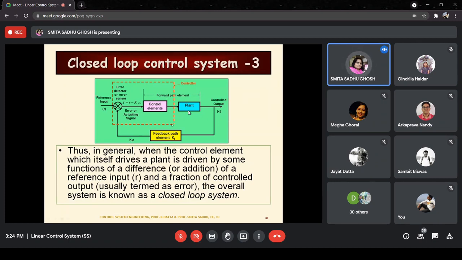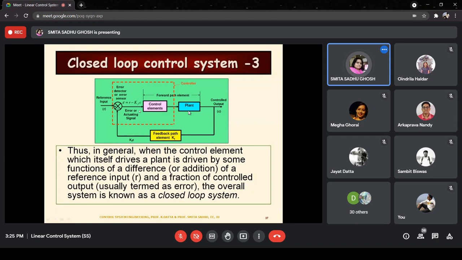So what we have stated here is that when we have this particular arrangement, where an error detector takes the difference between the reference signal and some derived form of the controlled output, compares these two signals, and gives out a corrective signal.